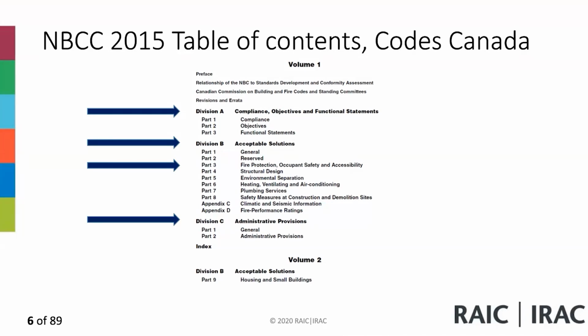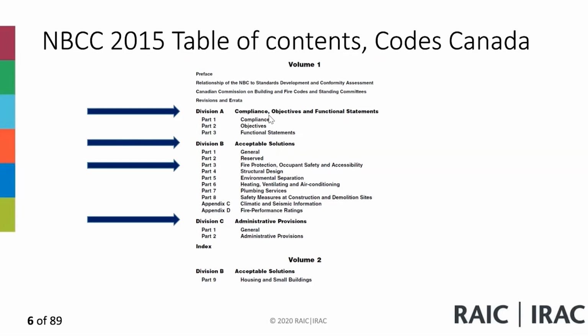We're going to have to look at Division A, Division B, and some of Division C. As you see, I've put some arrows to indicate where the divisions are. Under each division there will be parts. Division C is the administrative. Division A is compliance, objectives, and functional statements.